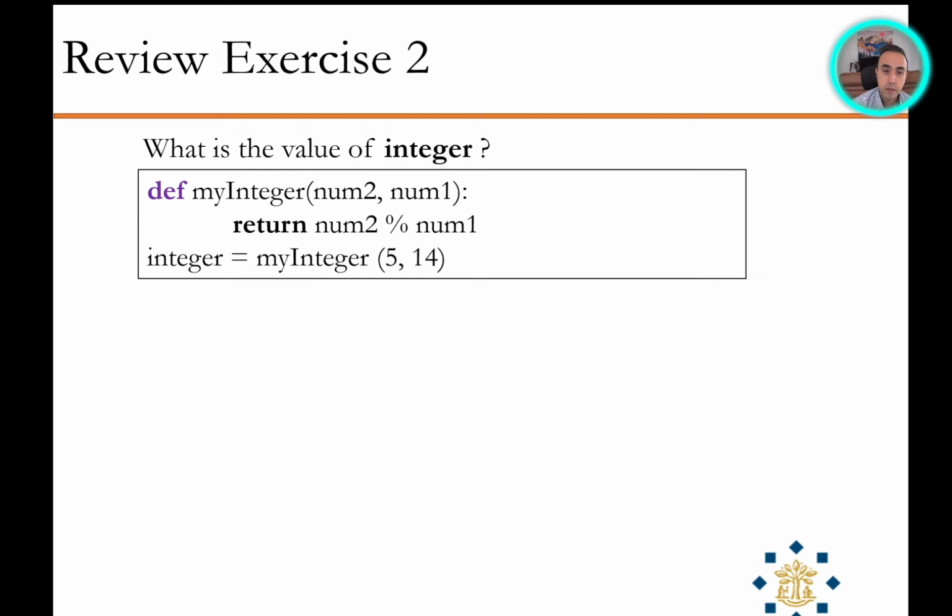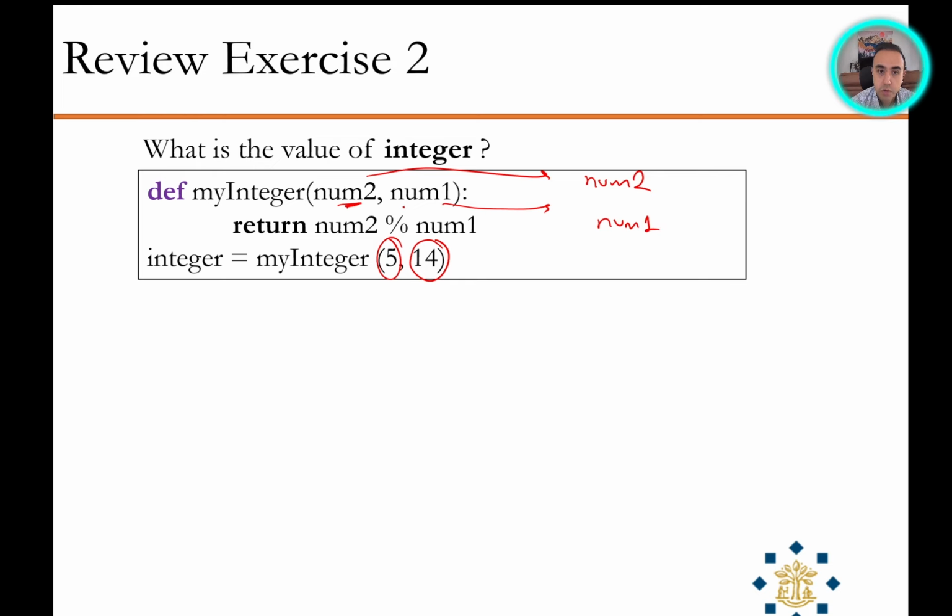Okay. Another example of what is the value of integer. So this, my integer 5 and 14 goes to, so here be careful because what I have is num2 first, num1 second, right?